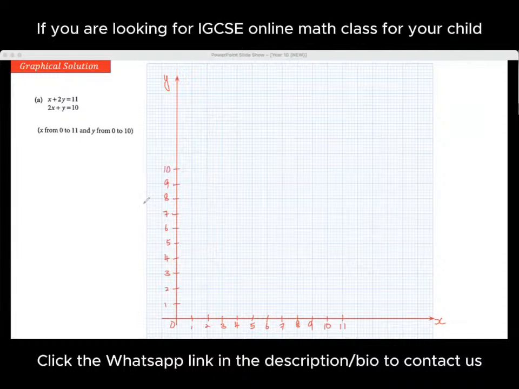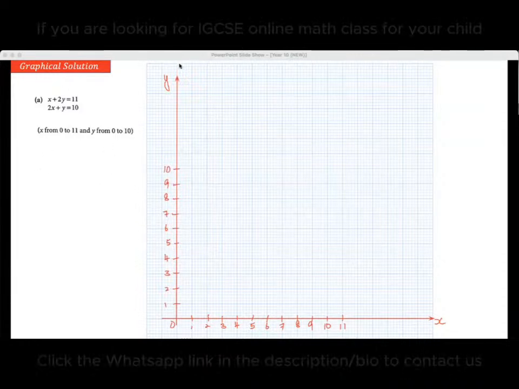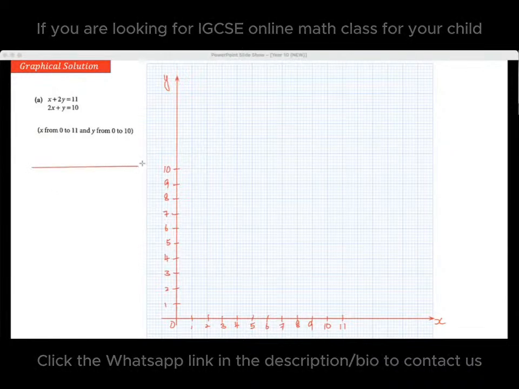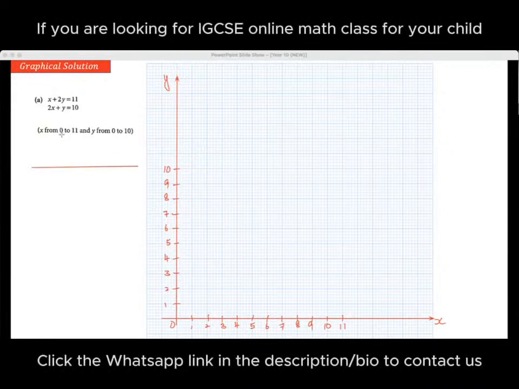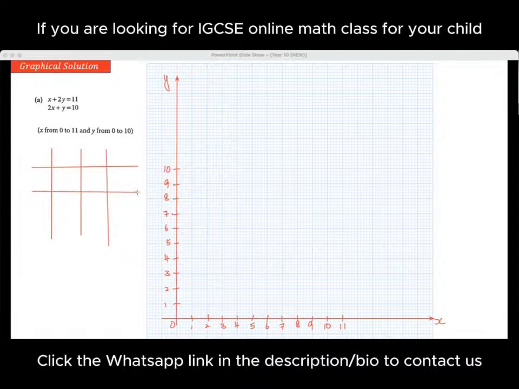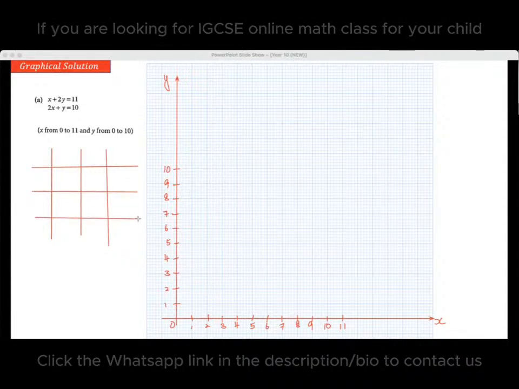Okay, so again, you need to draw a table. For this kind of question, because it is from x equals 0 until x equals 11, you do not need to calculate one by one, meaning x equals 1, y equals what? x equals 2, y equals what?